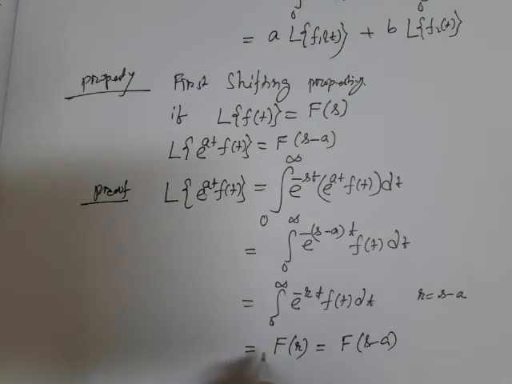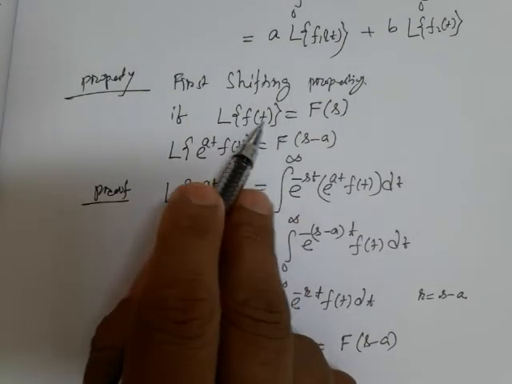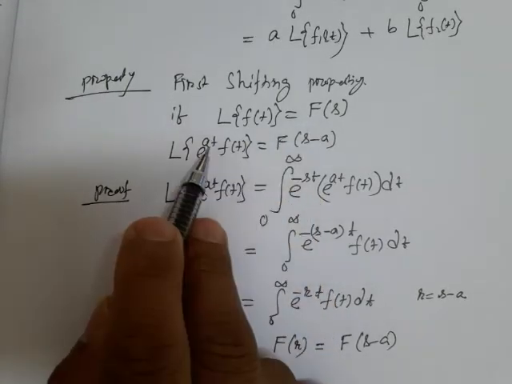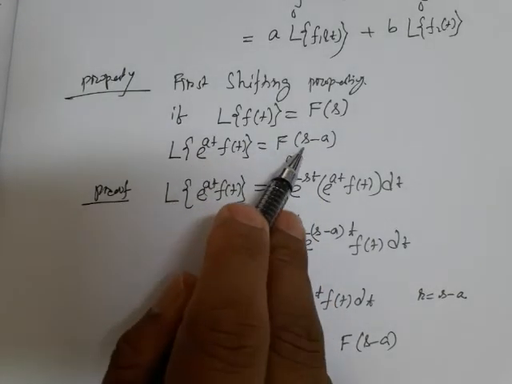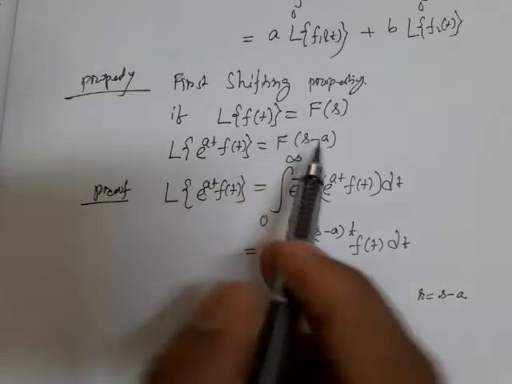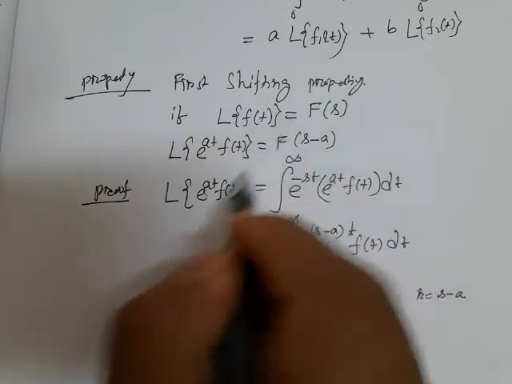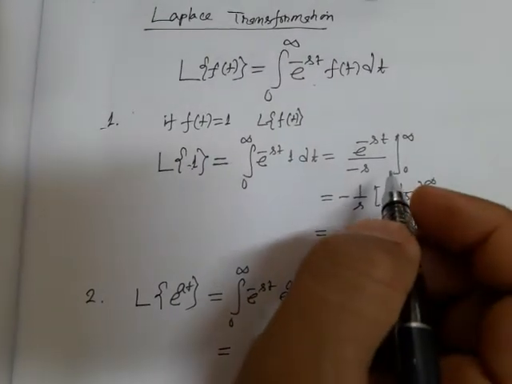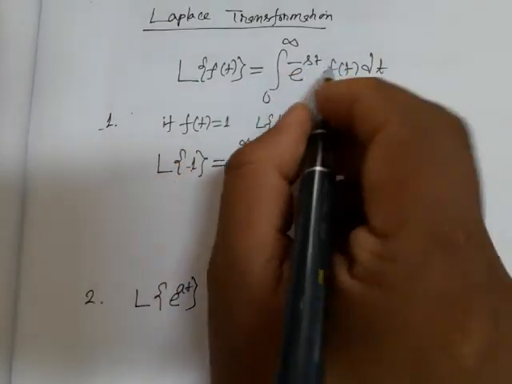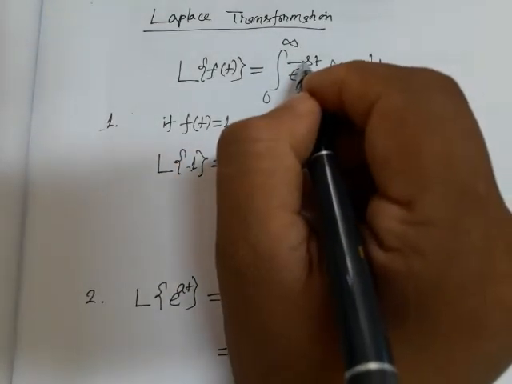So, if L of f(t) is F(s), then L of e to the power at f(t) equals F(s minus a). To understand this, see the definition: after integration, the result contains only the variable s.